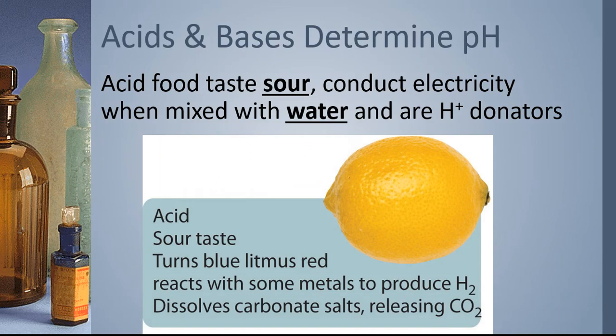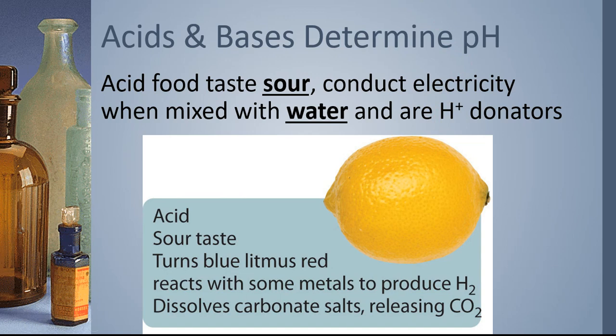Also, what acids do is that they conduct electricity when mixed with water. Because they are, see that little thing, it says an H plus donor, that is a hydrogen ion. And what that means is the hydrogen, which only has one proton and one electron, we learned that last week, will give the electron away or leave the electron where it was.